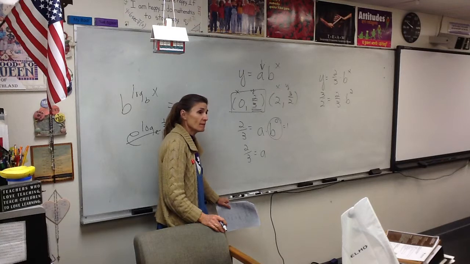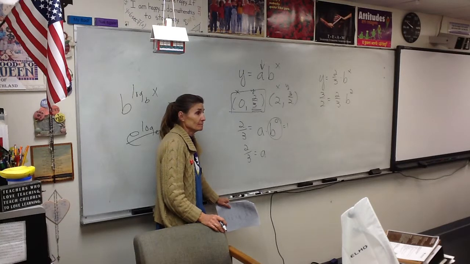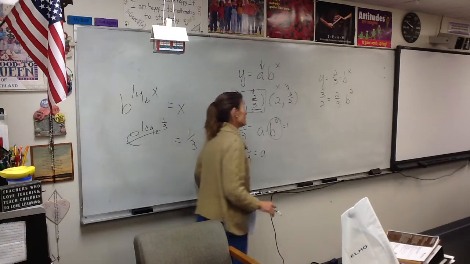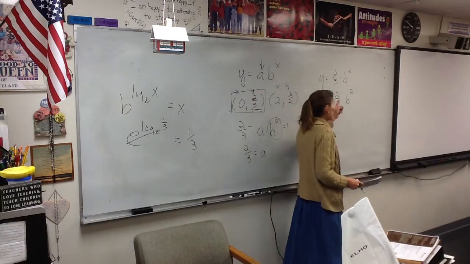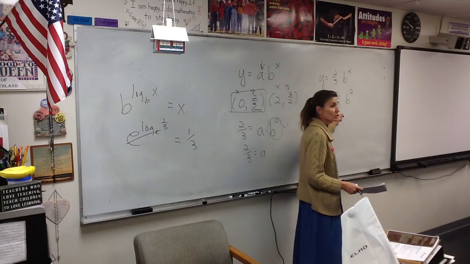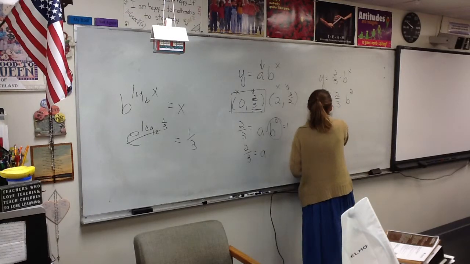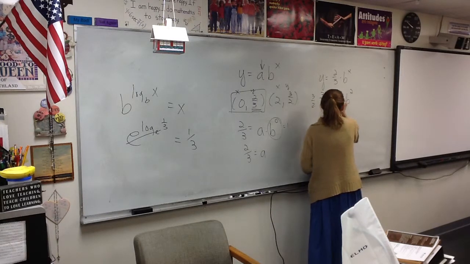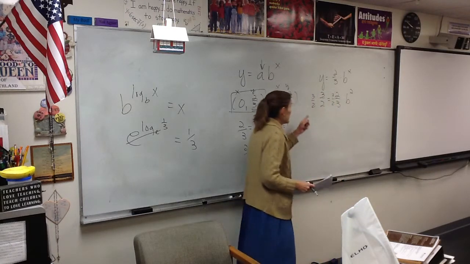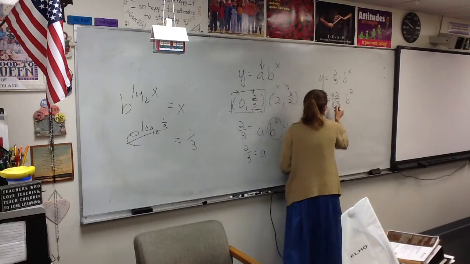Now, how do I solve that? Step 1 is divide. I'm dividing by 2/3, which is the same as timesing by 3/2. Now, these will cancel.